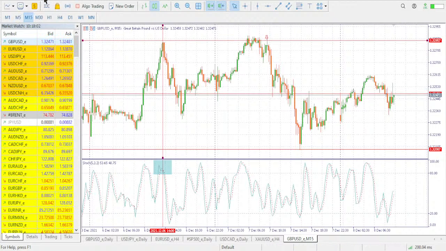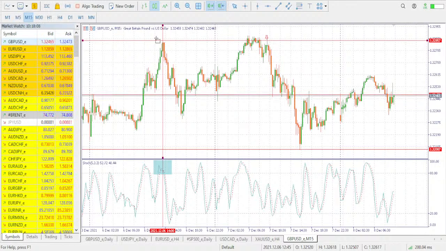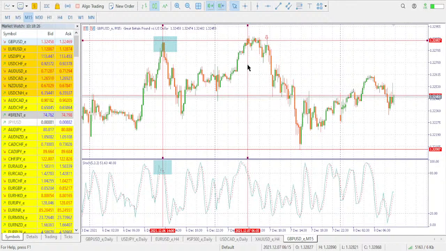At the same time, the price was overbought. Here, the price was here. So now the price went down, and then it came back and touched this level here. While it's touching this area, notice what's happening on the stochastic. It is here. So the stochastic is also overbought.